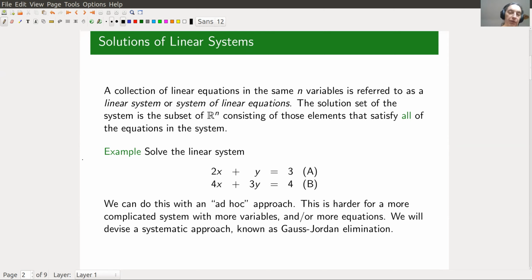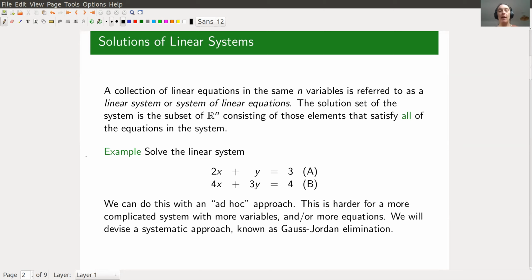So of course we can solve this system of equations with an ad hoc approach by just trying to identify what possible simultaneous solutions of those 2 equations might look like. What it means to solve a linear system is to find all potential values that could be assigned to the variables so that all of the equations would be simultaneously satisfied by the same assignment of values to the variables. And again, as with a single equation, there could be multiple solutions to a system of equations, or there might not be any solutions, potentially.